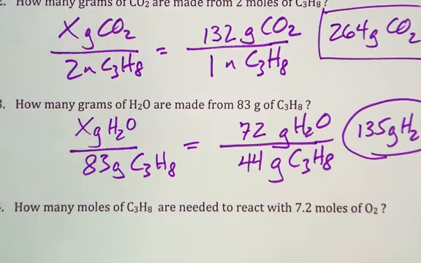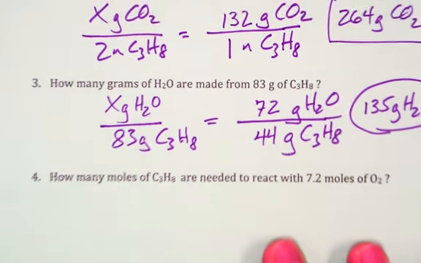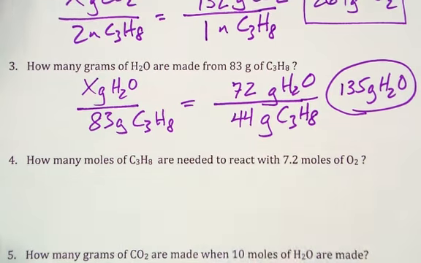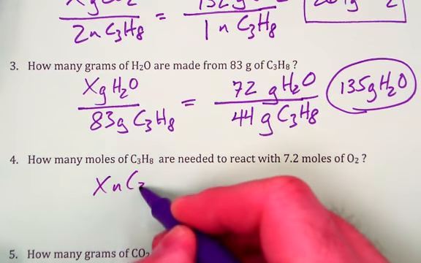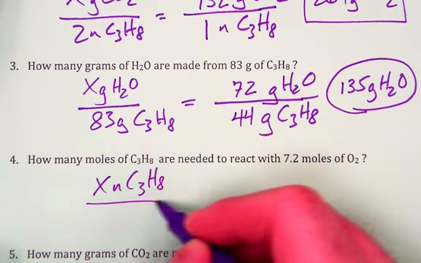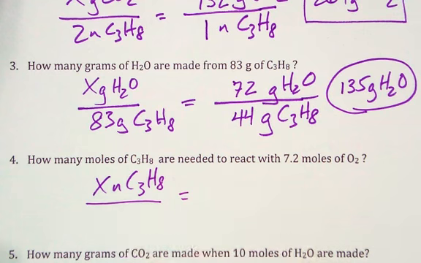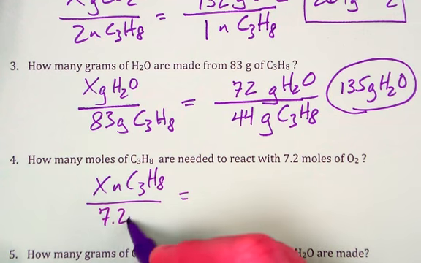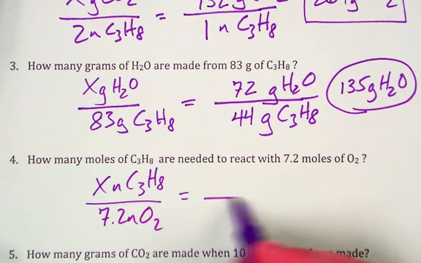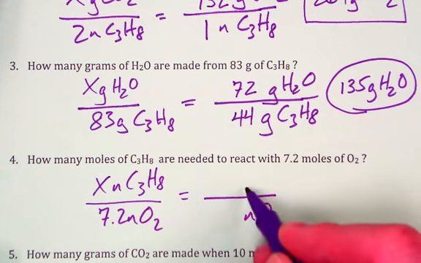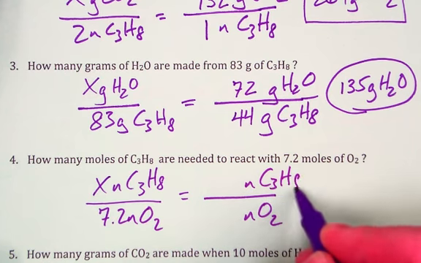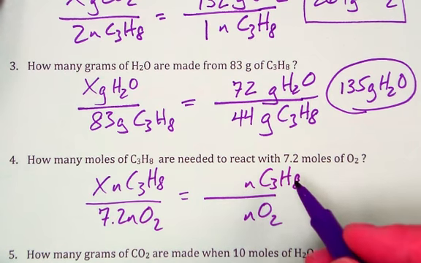Okay. Looking at the next one, number 4. It says how many moles of C3H8 are needed to react with 7.2 moles of O2. Okay, so moles of O2, moles of C3H8, and we're just going to get those from the equation again.